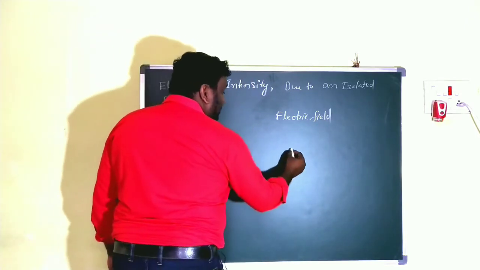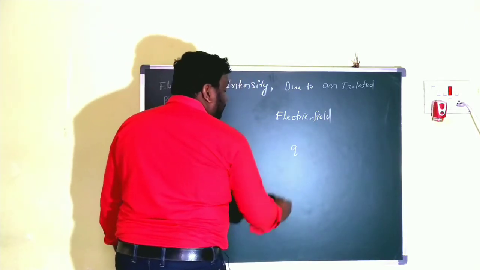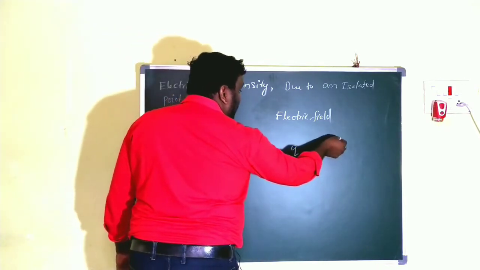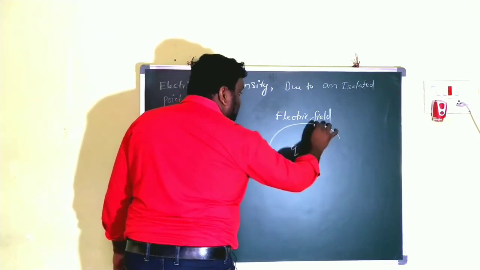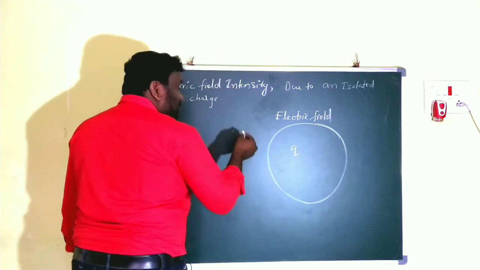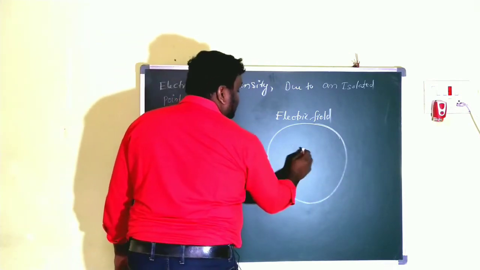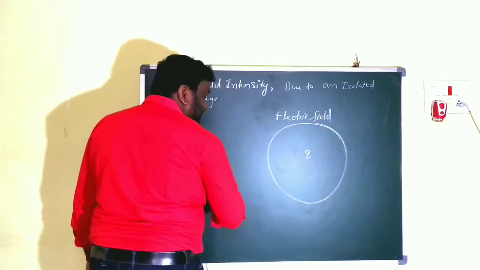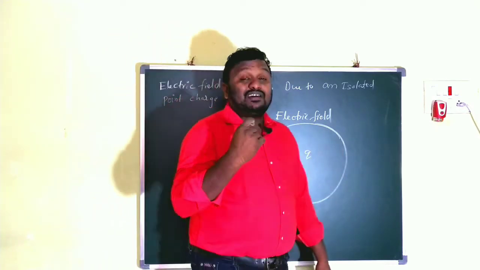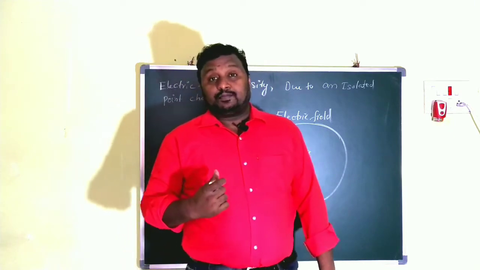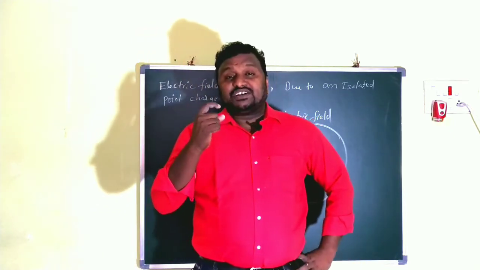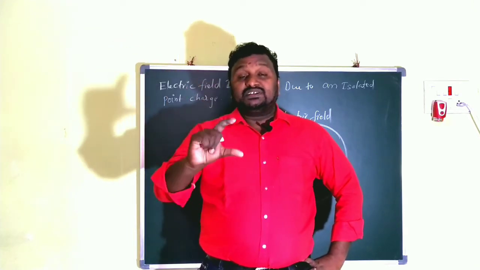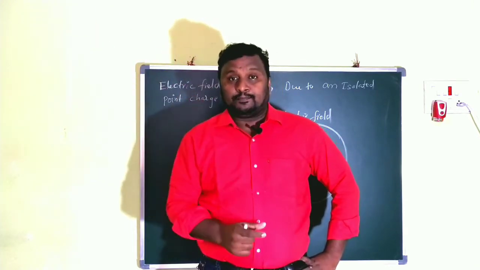For example, this is one charge. According to the field theory, there is some space around the charge. In the case of gravitation, a body having certain mass affects its surroundings, that means it attracts another body.